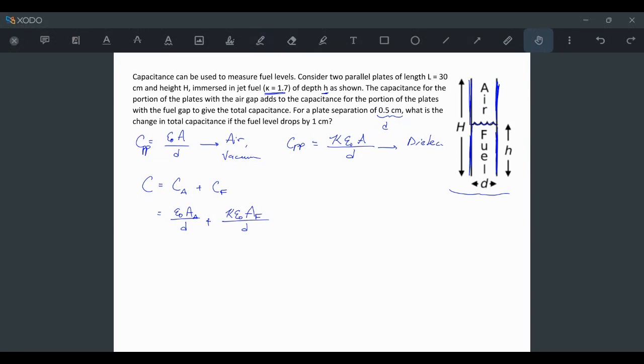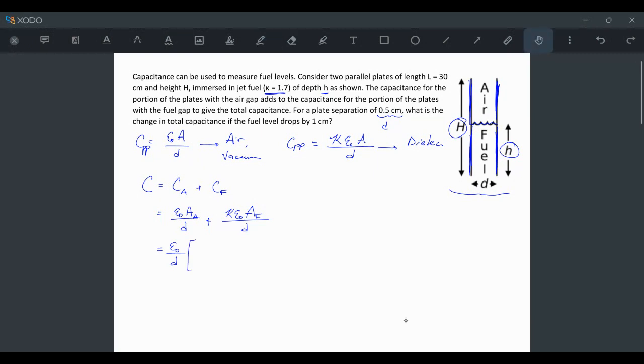And now we just want to work with this so we can factor out some terms, simplify it a bit, and get it written in terms of the provided variables. Specifically, we want to break down the area into the heights and the length of the capacitor. So we can factor out epsilon naught over d from both terms, put the rest in square braces.